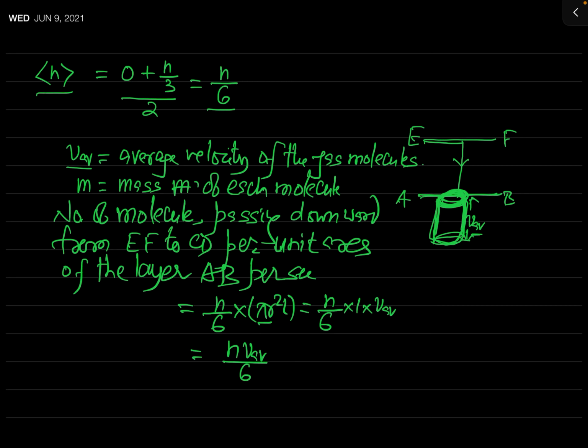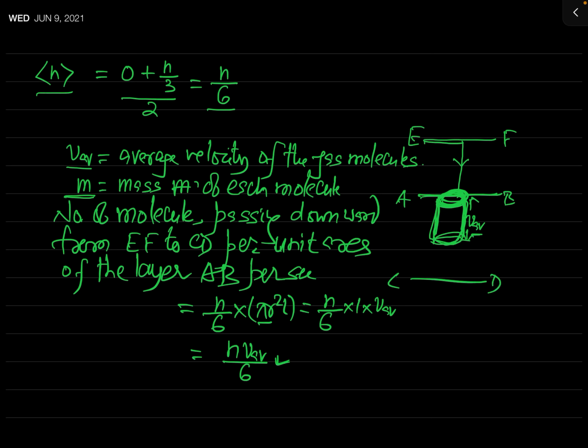Now, if you want to know the total mass of these molecules, how can you find it? As we have assumed that m is the mass of each molecule, because each molecule is equally massive, the mass of all these molecules which flow through unit area of this layer AB in 1 second from EF to CD will be what?